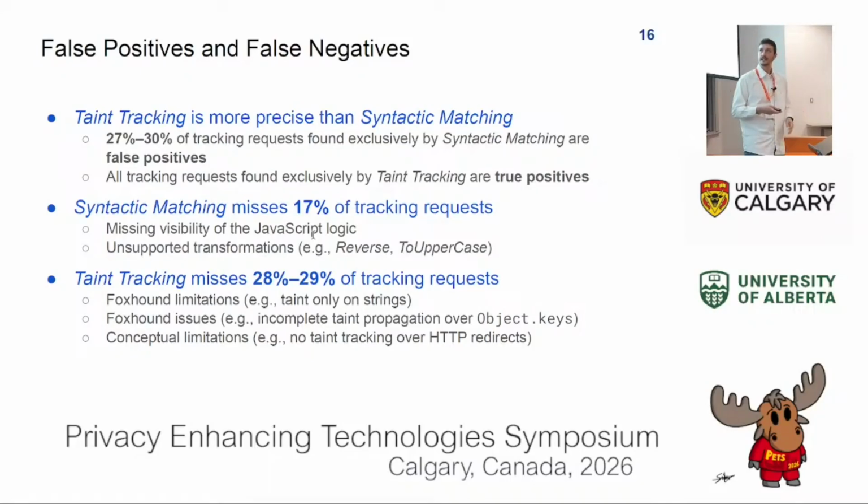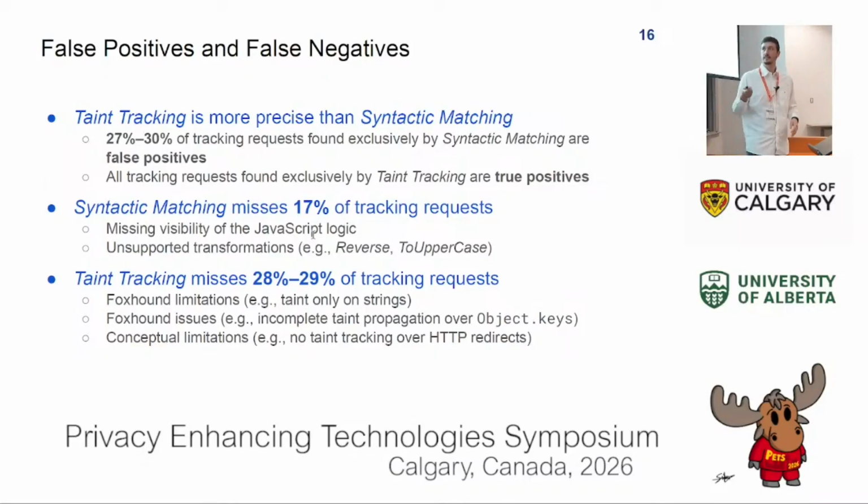Then, talking about false negatives, we find that syntactic matching misses 17% of tracking requests because of the missing visibility of the JavaScript logic and unsupported transformations by all the considered heuristics.